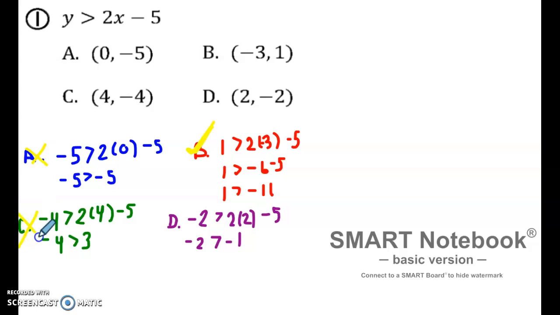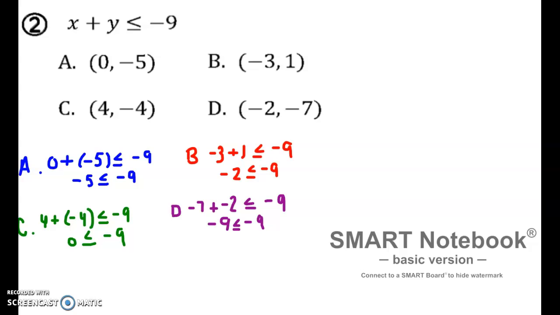We know that's not true. Negative 4 is less than positive 3. And for letter D, when we substitute in 2 for x and negative 2 for y, we get negative 2 is greater than negative 1, which again we know is not true. So here, the correct answer is letter B. It is the only ordered pair that gives us a true statement once we substitute it into the inequality.